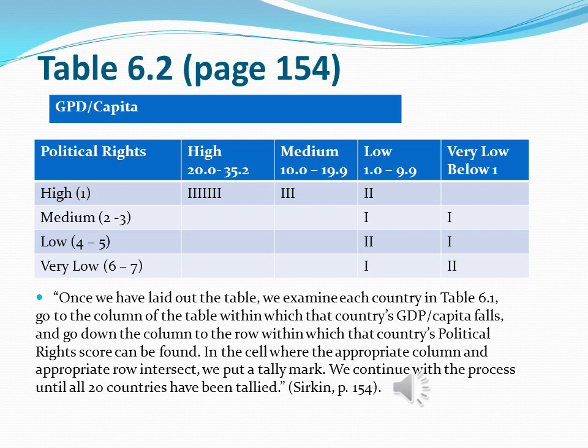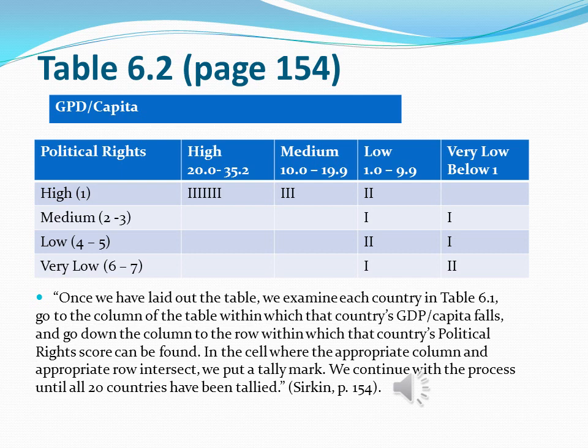Now the rows, you see how that's entitled political rights, and that is from high to medium to low to very low, and it has high as 1, medium 2 to 3, low 4 to 5, and very low 6 to 7. And it's looking across the high one.